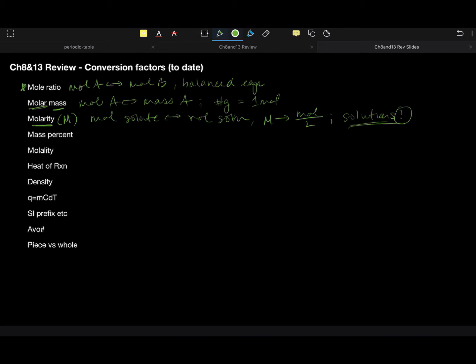Next up, we have mass percent, where that allows us to convert between mass of substance A and what? Mass, let me write that better. Mass of solute and mass of my solution.